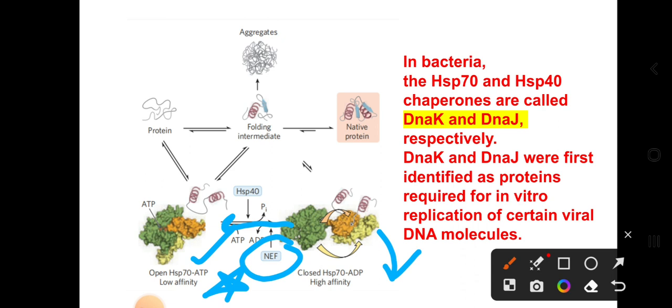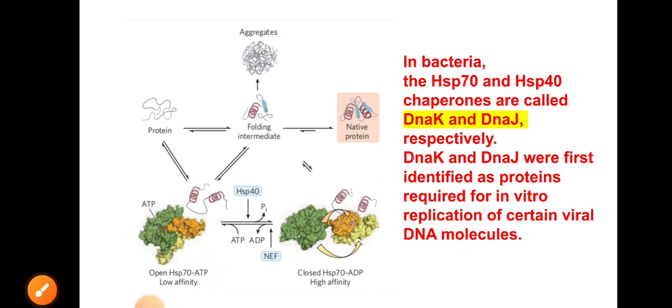So the ADP here will be exchanged by this nucleotide exchange factor, and ATP will be attached again, and HSP70 will now form what? An open structure, and will release the folding intermediates. I hope you understood this.